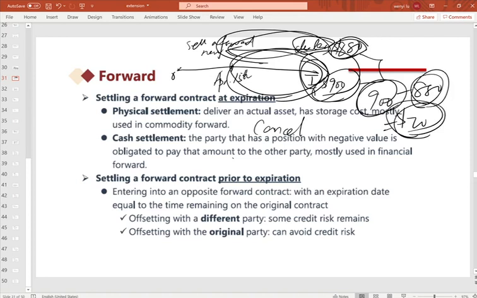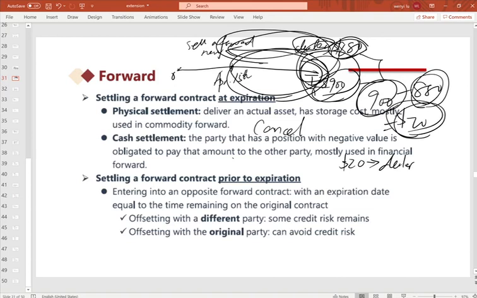Even the parties are the same, you and the dealer. So the only difference is the price, that's $20. These two contracts will hedge each other, so there's no more exposure anymore. So you will pay $20 to the dealer, the difference between the two contracts. And the risk of holding this contract will actually be gone.